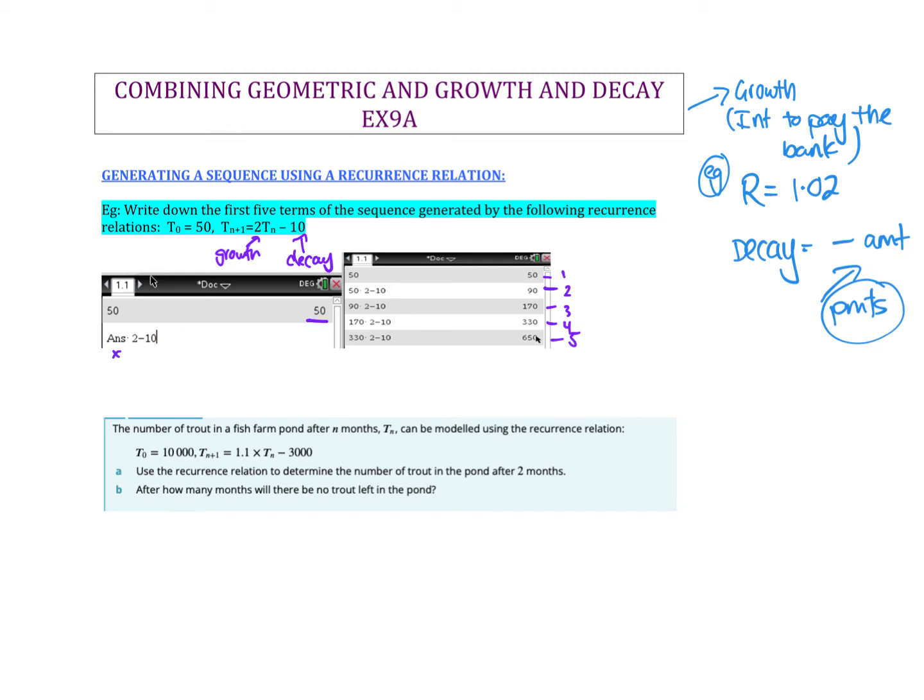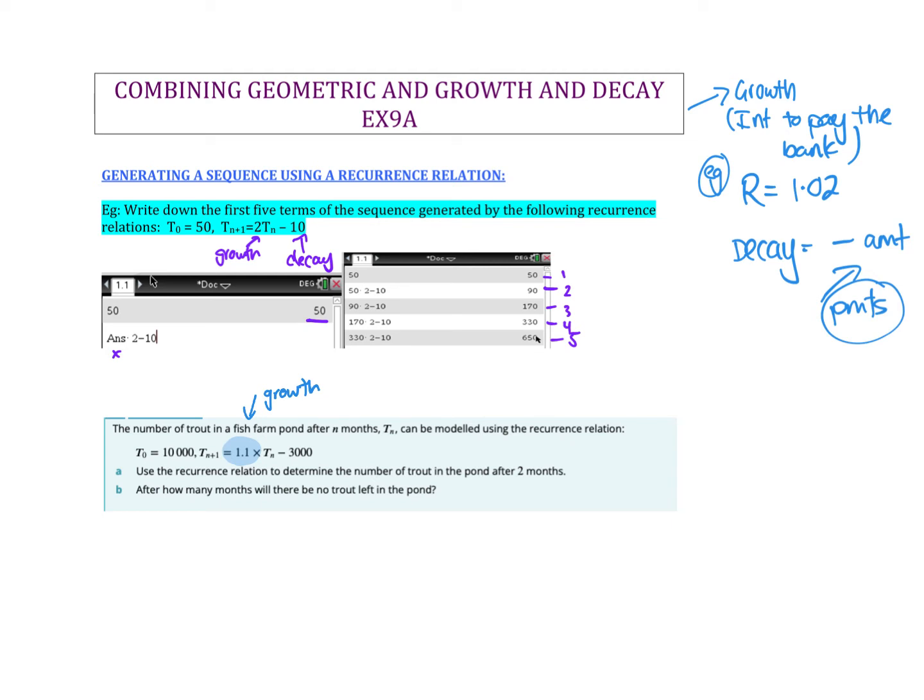It says the trout in a fish farm pond after n months can be modelled by the recurrence relation. Here you've got the growth, and the 1.1 is the growth. In this scenario, it might be that the fish are breeding and growing.